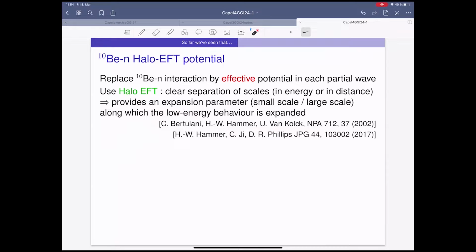So that's a bit similar to what was presented for the nuclear interaction. There is a clear separation of scale. You have a tightly bound core and you have a valence nucleon that is loosely bound. So you have different energy scales. And so you can take that into account in your expansion, and you can build an effective theory on that.